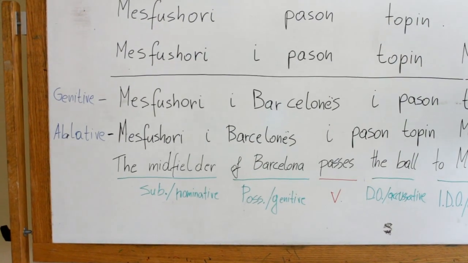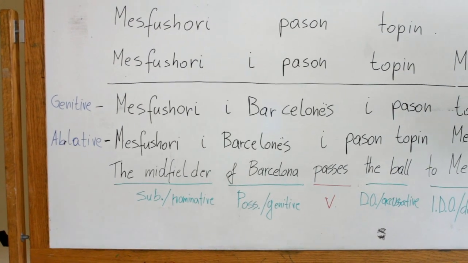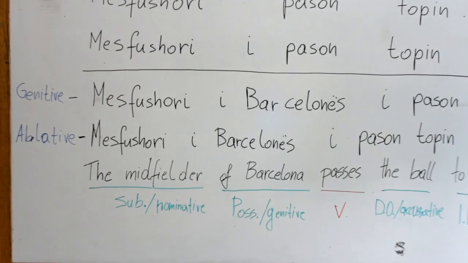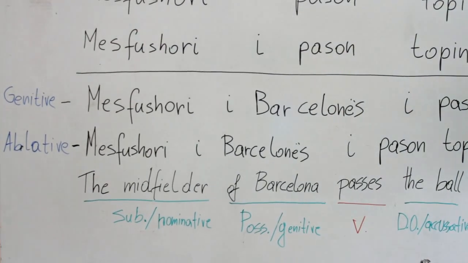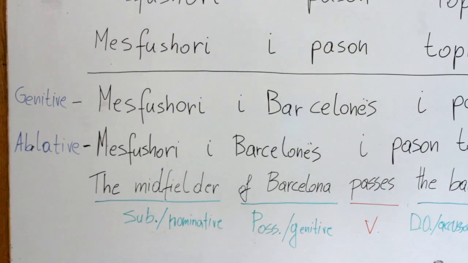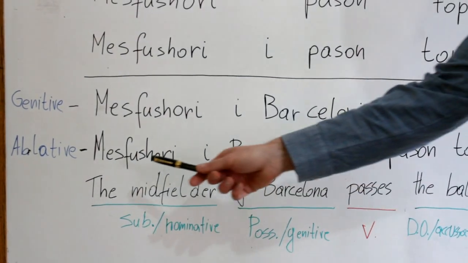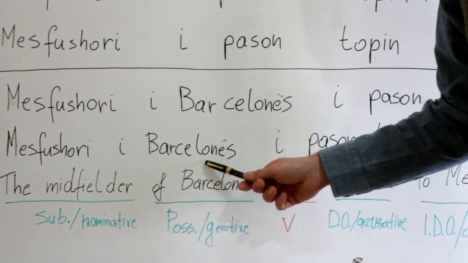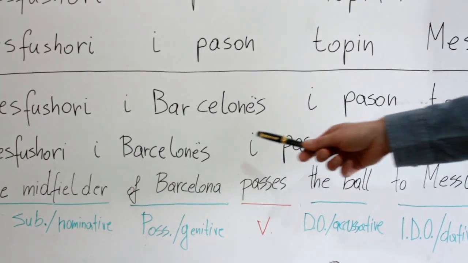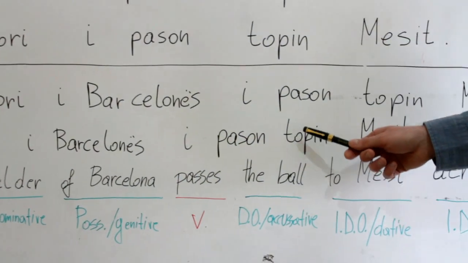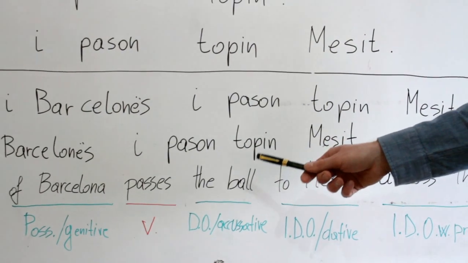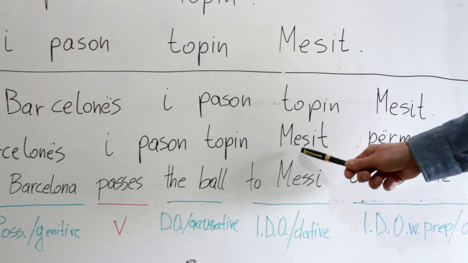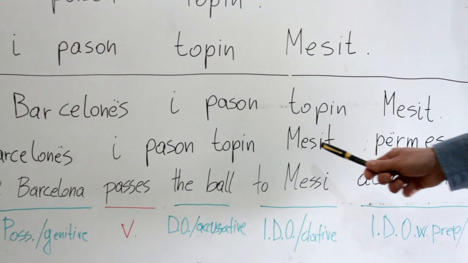Finally, the last piece of our Albanian case ending puzzle is the ablative case. The best way to say it in English is our indirect object with a preposition or even a preposition clause. So still, subject, mesfushori, i Barcelonës, genitive, i pason, clitic plus verb, topin, direct object, or the accusative case, Messit, our indirect object, dative case.